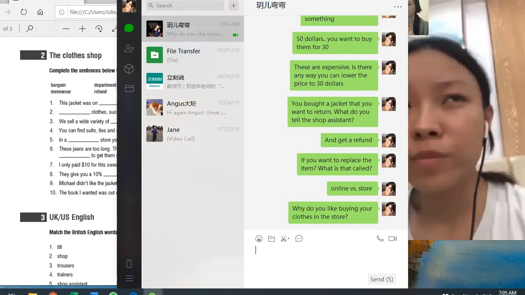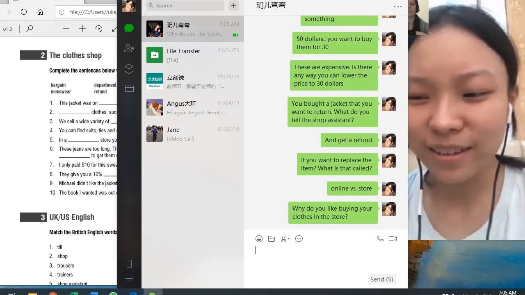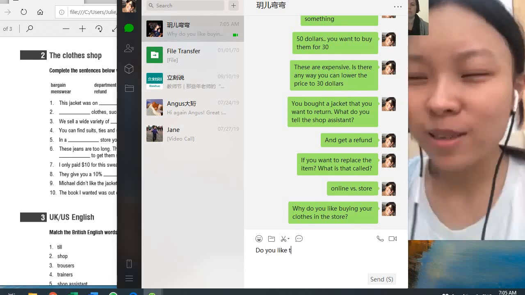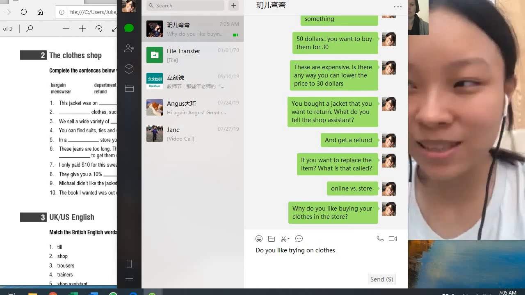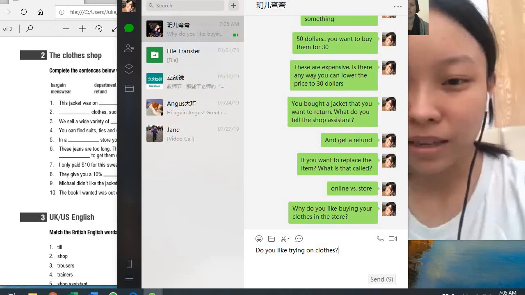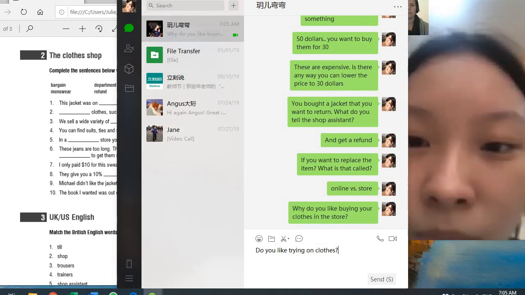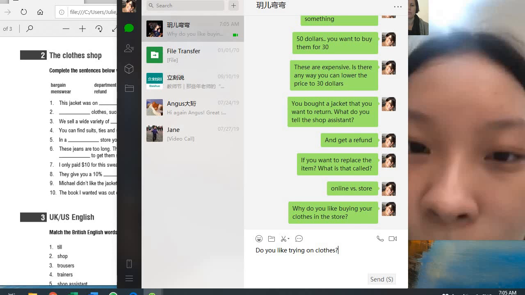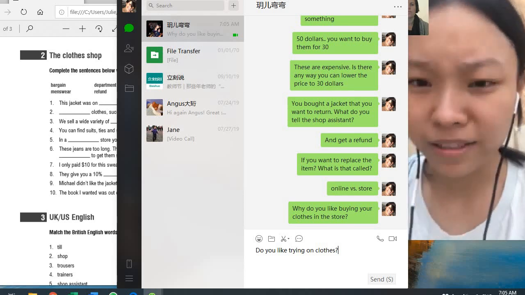Because something will look useful, but online there is always a model wearing it, and ordinary people don't have the model figure, and we can't wear it like her.